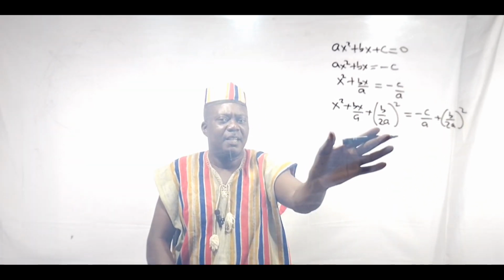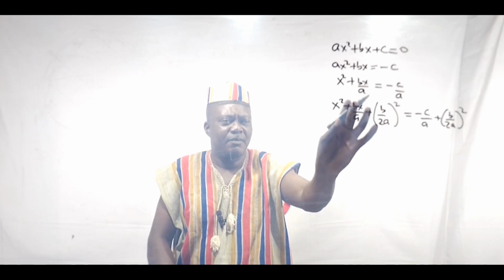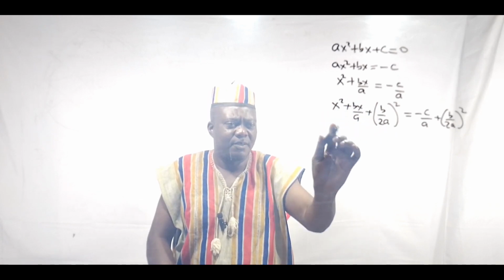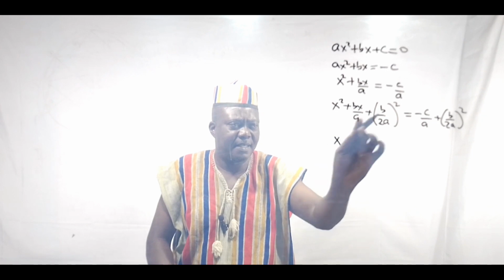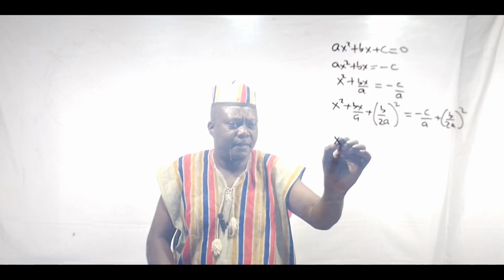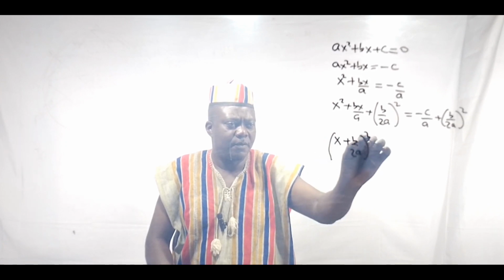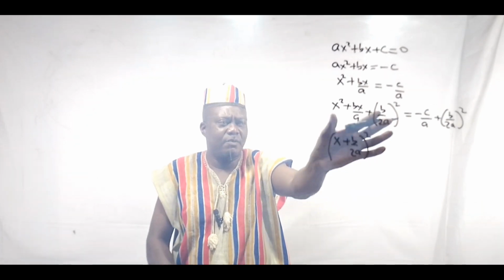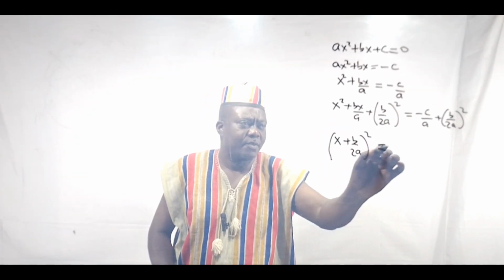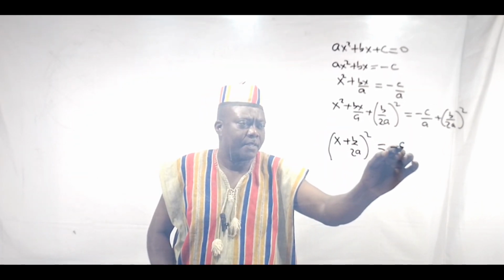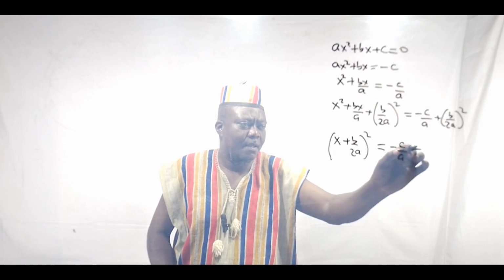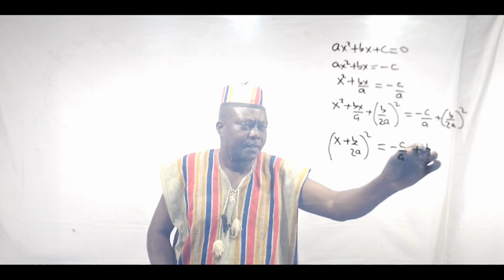Next, if I try the left hand side, you forget about the one in the center here. So you take x and whatever is inside this bracket, plus b over 2a all squared.